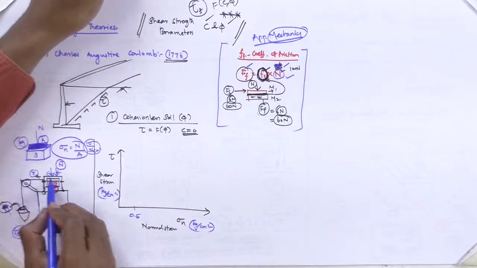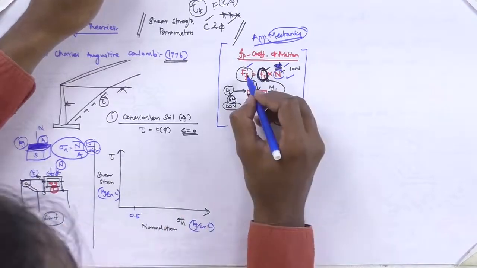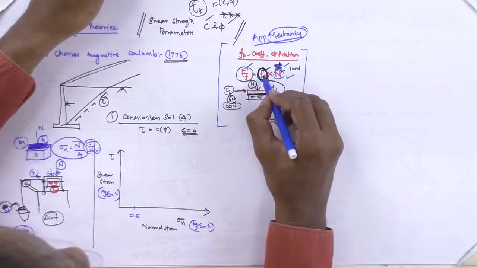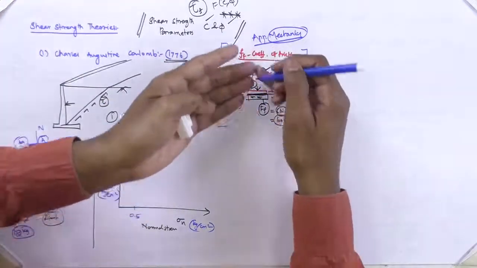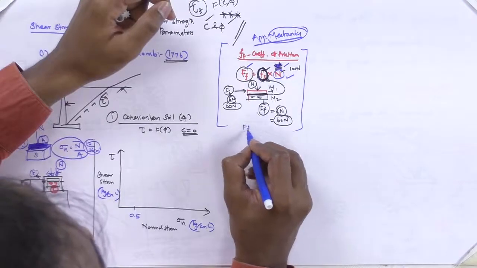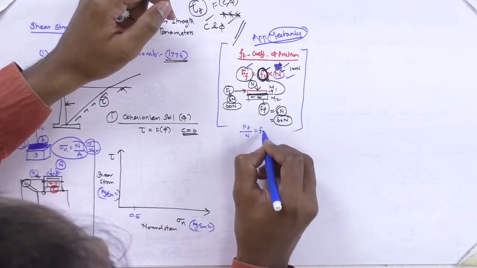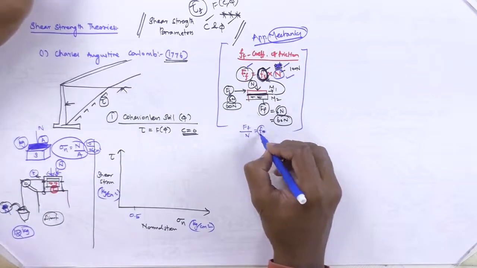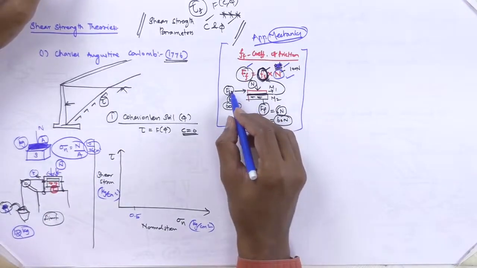Once this fails, that is an equivalent value of frictional force. This is a known value, so you can find F. So consider the same in this case, you don't know F. As explained, frictional force divided by N gives the frictional coefficient.